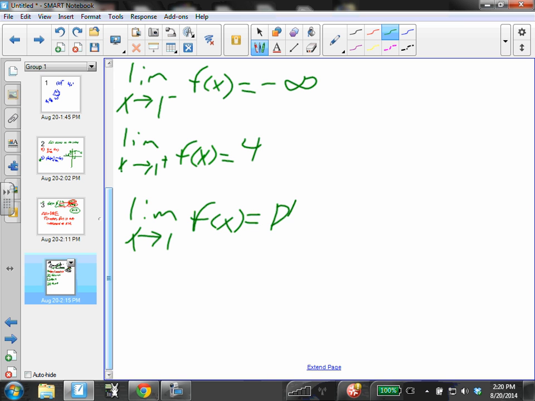That's exactly right. That limit does not exist since the left and right hand limits are different from one another. Therefore, since the limit does not exist, the function is not continuous.